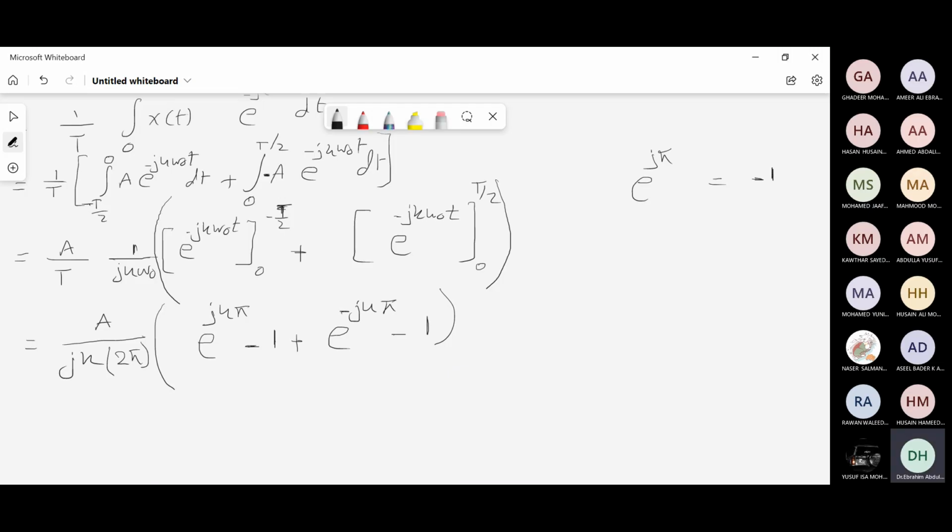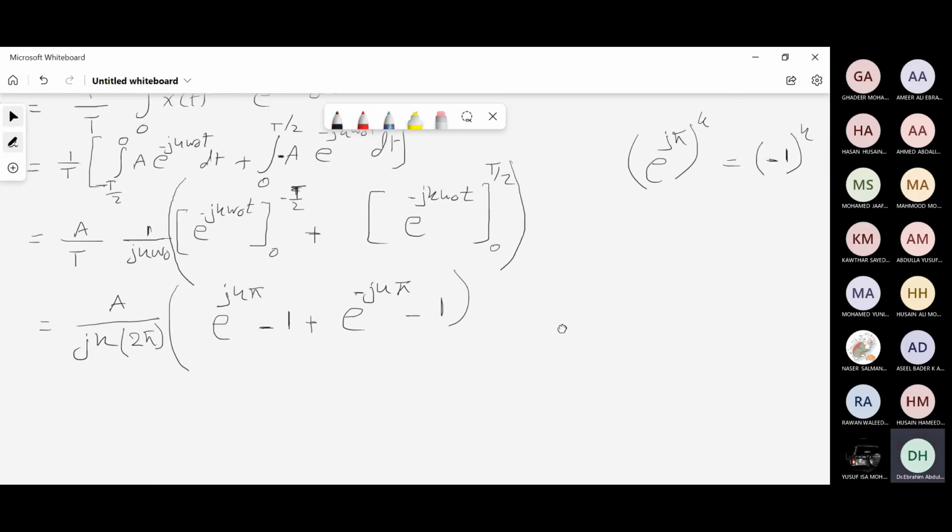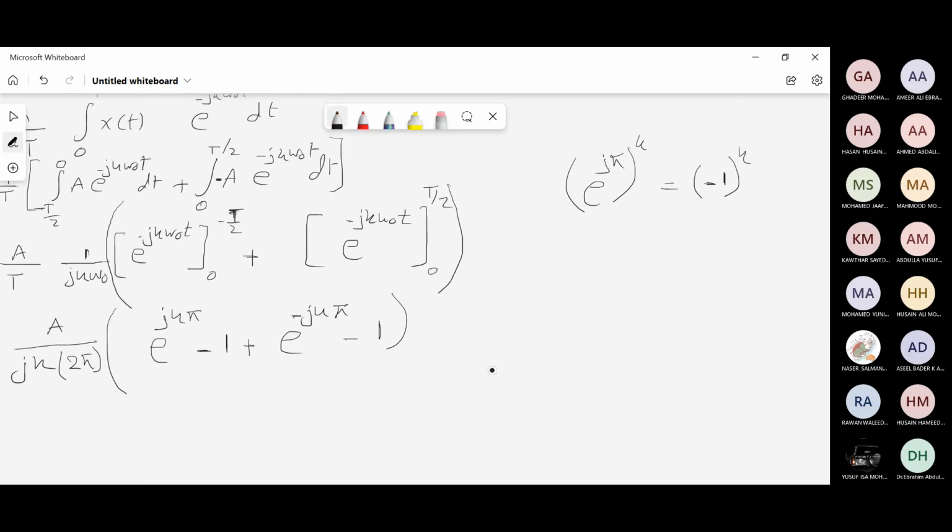Equal to minus 1, so it is minus 1 to the power of k. Similarly, e to the power of minus j pi is again equal to minus 1, because minus 180 plus 180 is exactly the same.